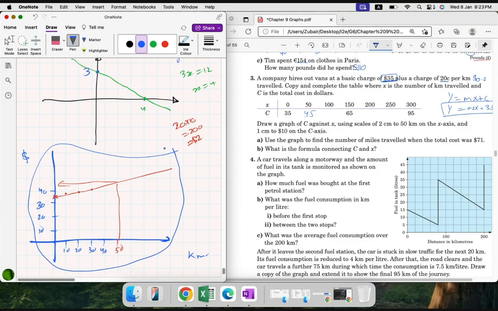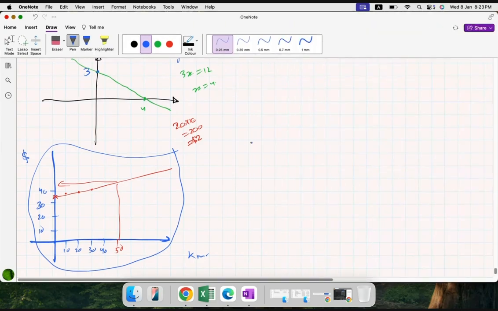But you can just plot 2 points. For example, it would be better that we do for 100. So 20 cents per kilometer. If I do for 100 kilometers, that is 2000 cents divided by 100, again $20. So first was 35, and 35 plus 20 is now 55.